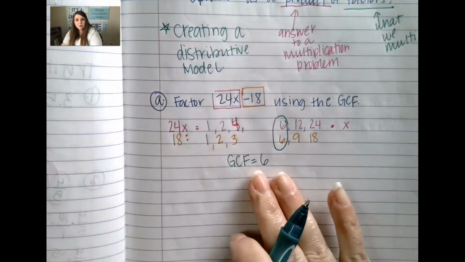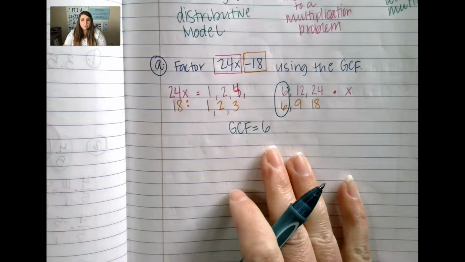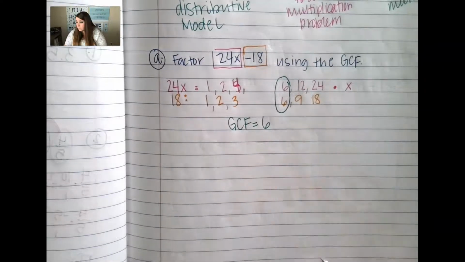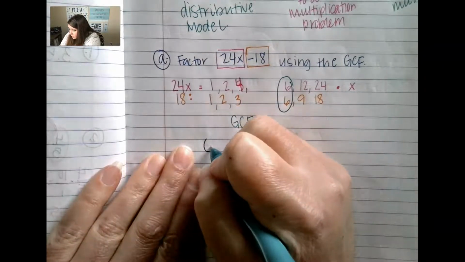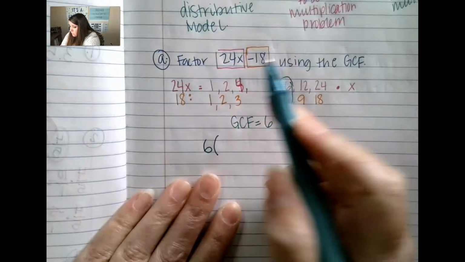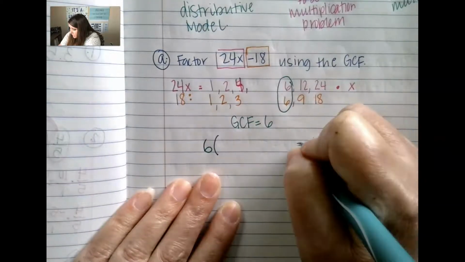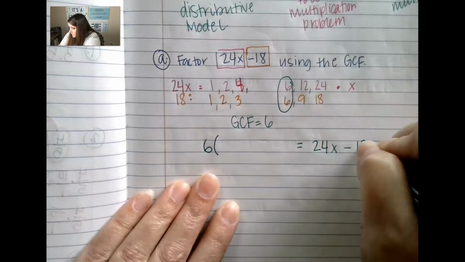Now that we know what our greatest common factor is, we're going to set up a distributive model. So 6 is our special number that's going to go on the outside of the parentheses. Well, remember I want this whole thing to equal 24x minus 18.